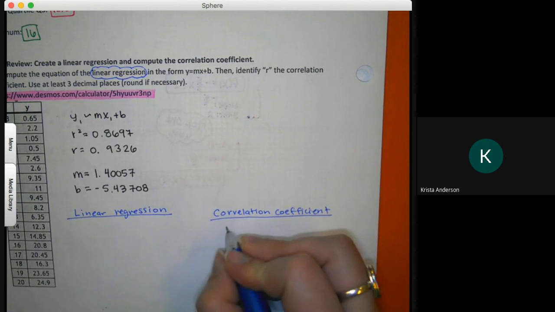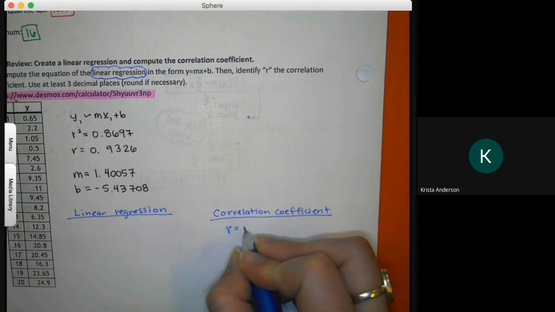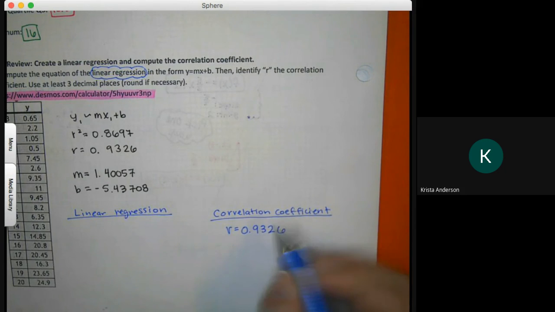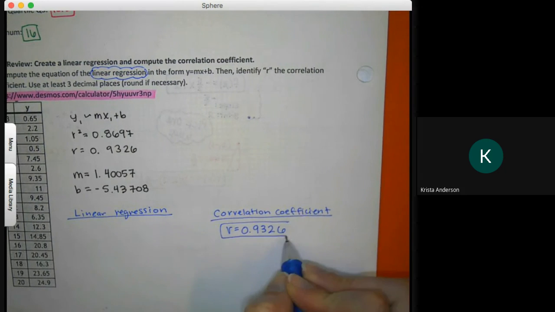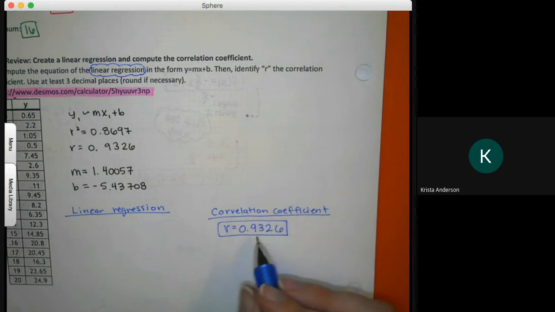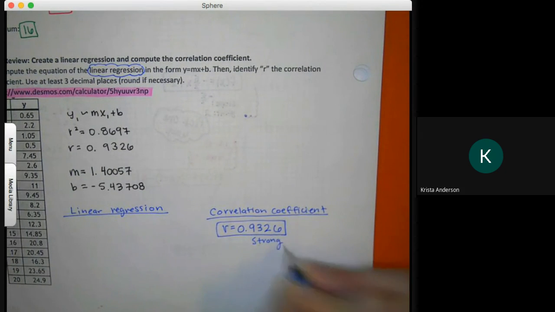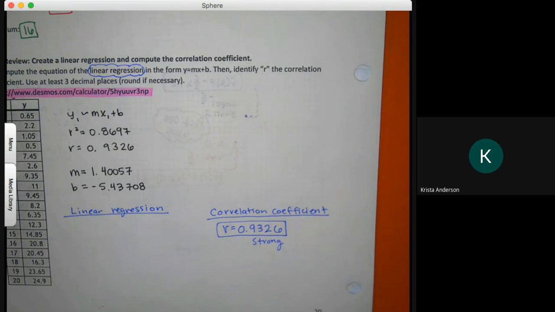So you said R equals 0.9326. That would be the correlation coefficient. And that is a strong correlation. Once it drops below 0.5, that's when it becomes weak. Yeah.